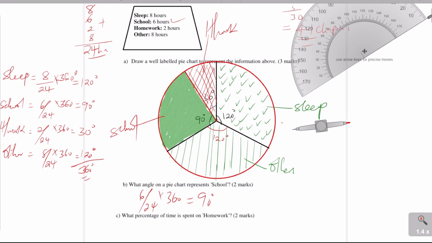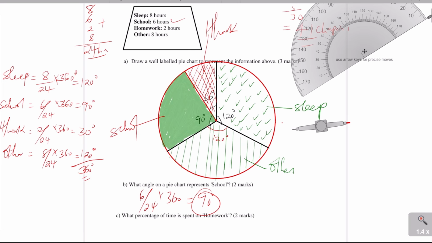All the same, there is still another way you can get that. You can use percentages. But I don't think you need to complicate it. Just get 6 divided by 24 multiplied by 360. That will give you 90.